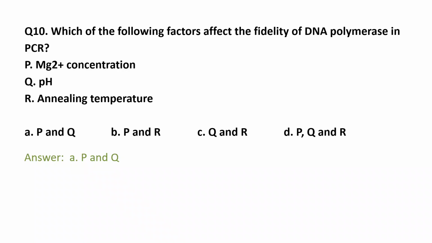Otherwise, Mg2+ and pH directly affect the activity or fidelity of DNA polymerase. True. So the answer is P and Q.